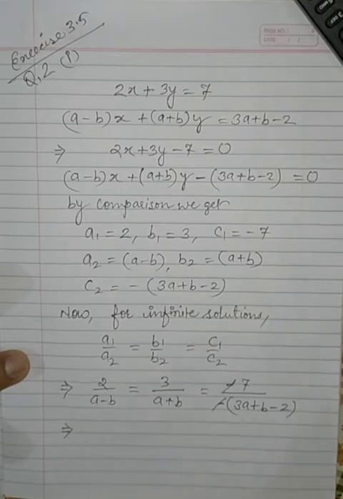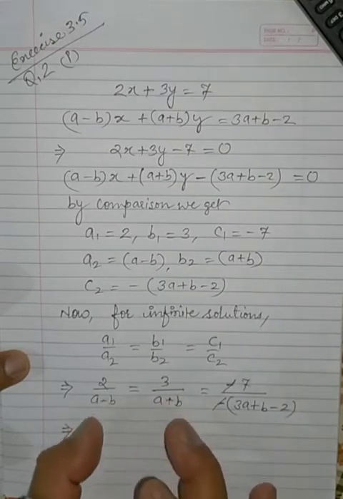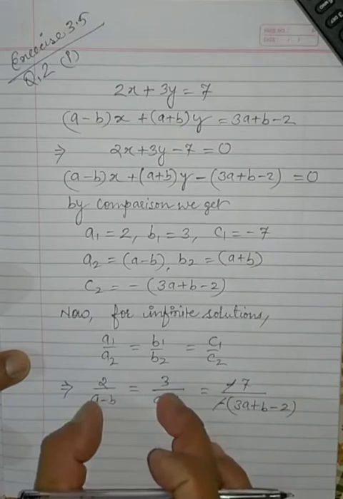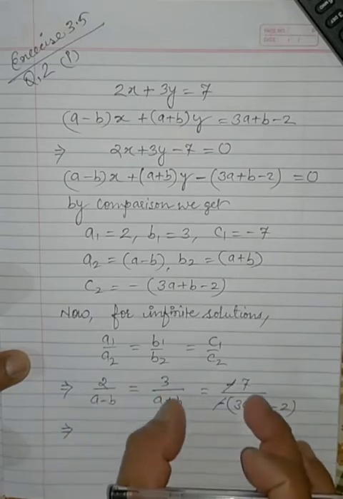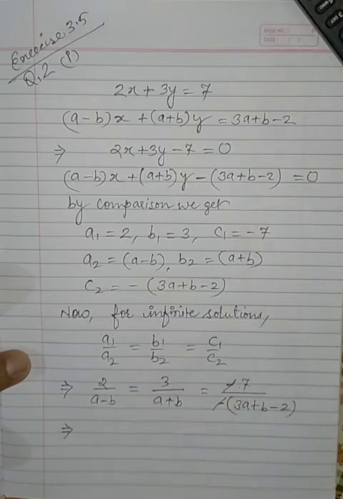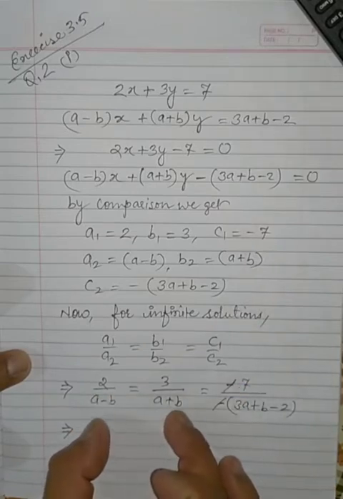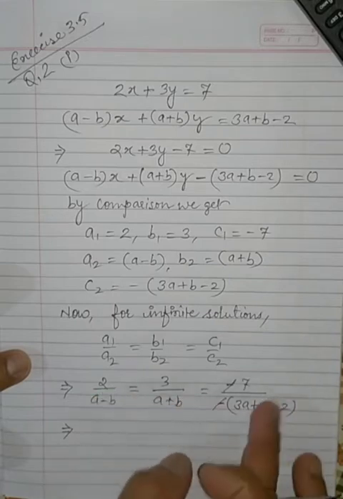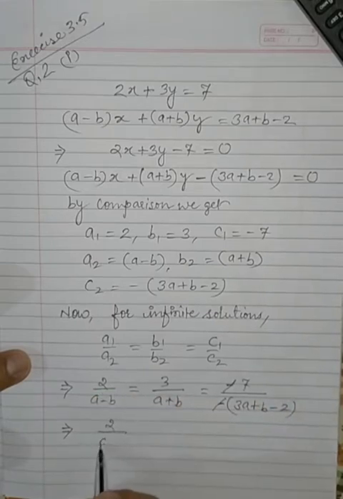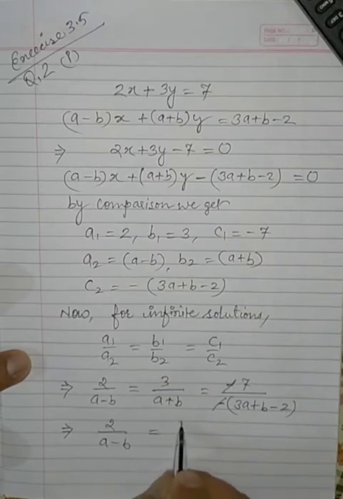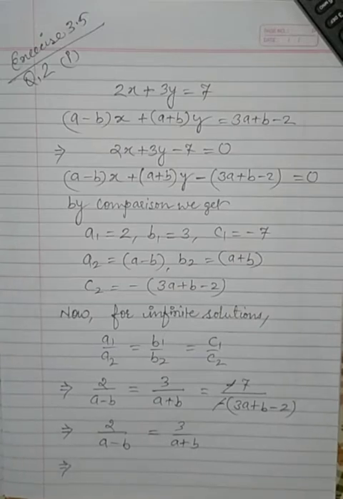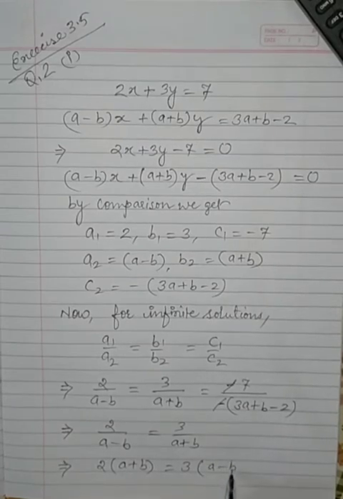Now to solve this, we will use the two parts one by one. First we will take these two, then we will take these two. So I will take these two first, and then I will take these two, as all three are equal. So if 2 upon a minus b is equal to 3 upon a plus b, that means by cross multiplying, 2 into (a plus b) is equal to 3 into (a minus b).